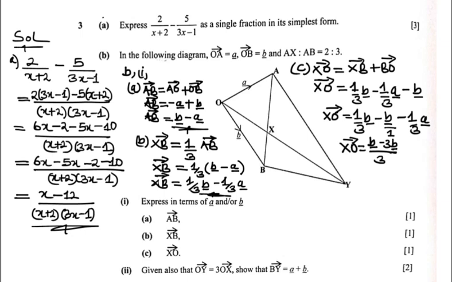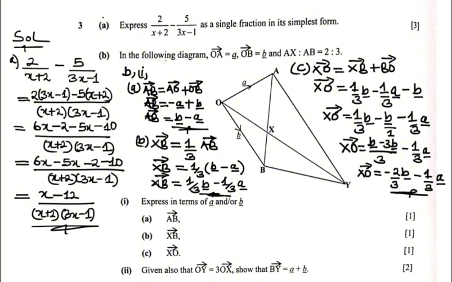Then this is going to be minus 1 over 3 a vector. On top there, b vector minus 3b vector gives negative 2b vector. So XO vector is equal to negative 2b vector over 3, then minus 1 over 3 a vector. So this is what we get on XO vector.